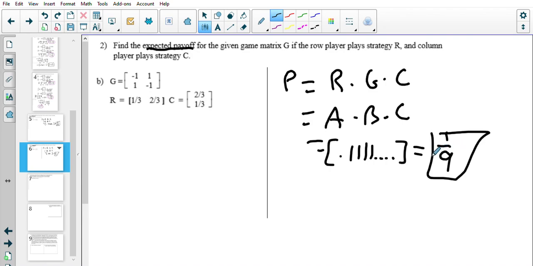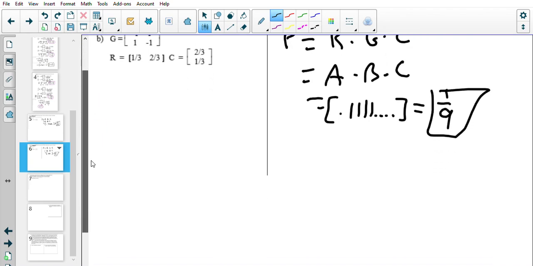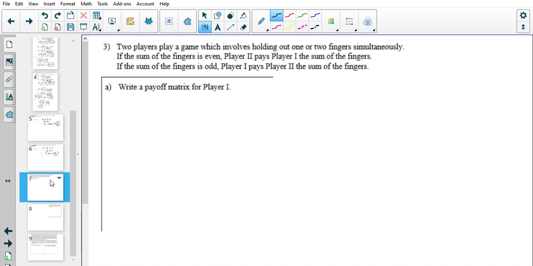So that's the value of the game, 1/9, according to this strategy. Okay, on to number 3.